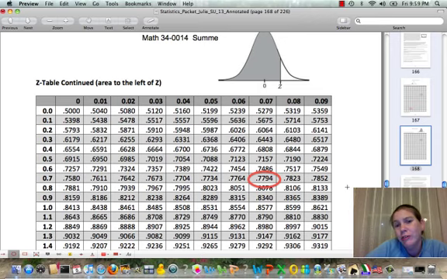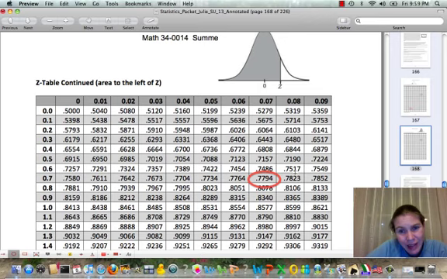All of the values in this chart were figured out using calculus or a computer to numerically approximate. So basically, somebody already did the work of calculating all these z-scores and then organized them nicely in the chart for us. Suppose we were looking for where is 75% of the data, or 0.75, and we see here's 0.7486 and here's 0.7517.